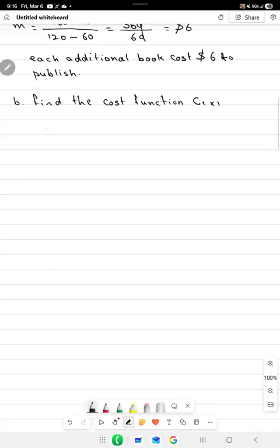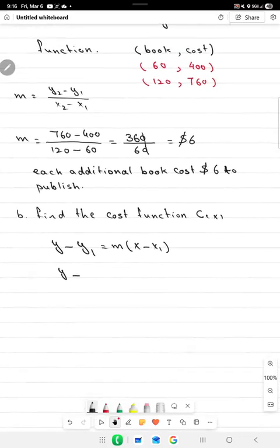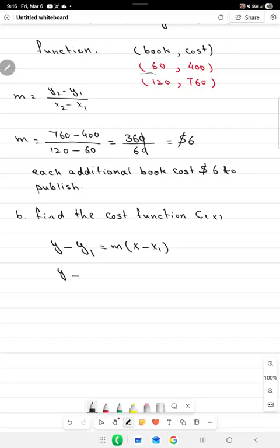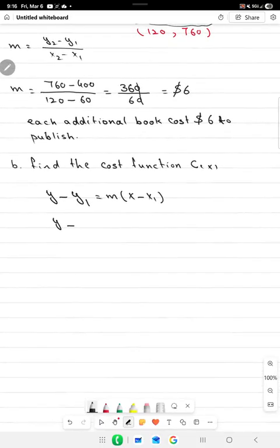Okay, here I will use the point slope formula: y minus y1 equals m times x minus x1. I'll use the ordered pair 60 books cost $400. I'll use that one, or I can use the other one. Both of them give you the same equation.